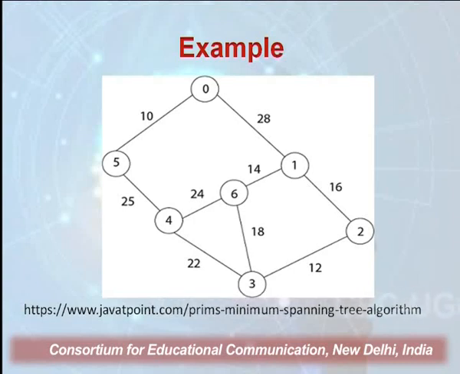And now we need to get into the loop which says while Q is not equal to phi. That means as long as we have some vertices in our min priority queue. Presently, yes, we have all the vertices in our min priority queue. So we will execute the process of extract min. What will extract min look for?